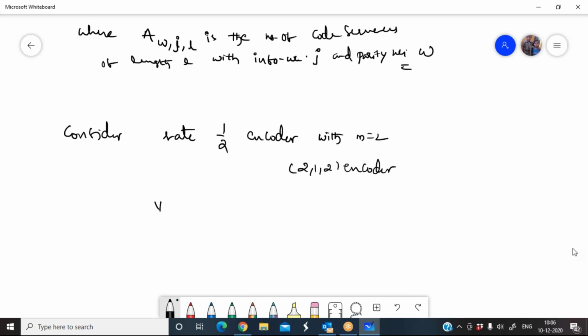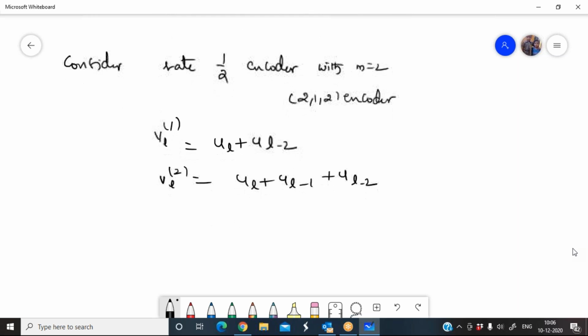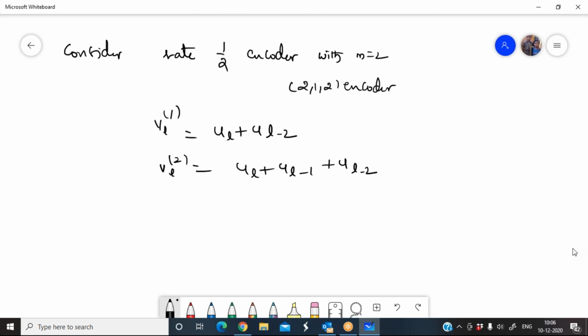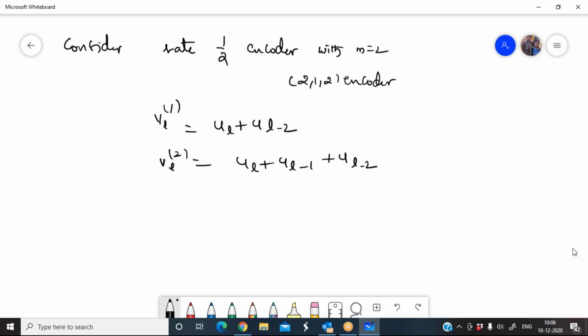And here I write the output sequences as v_l^(1) equal to u_l plus u_(l-2), and v_l^(2) equal to u_l plus u_(l-1) plus u_(l-2). Do you remember this? If you want to draw the encoder diagram, you can draw it, no problem. Easy, it will take only 1 minute.